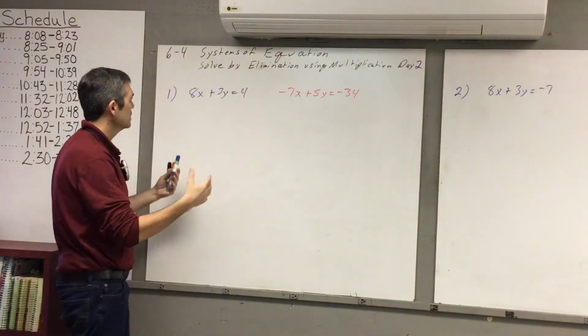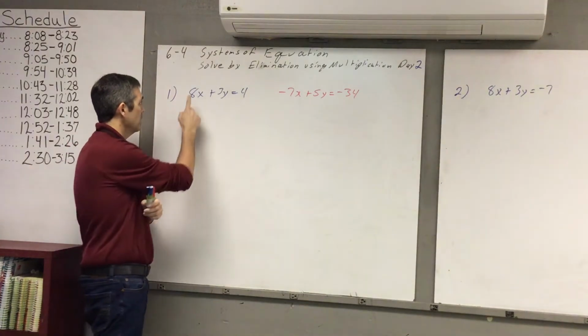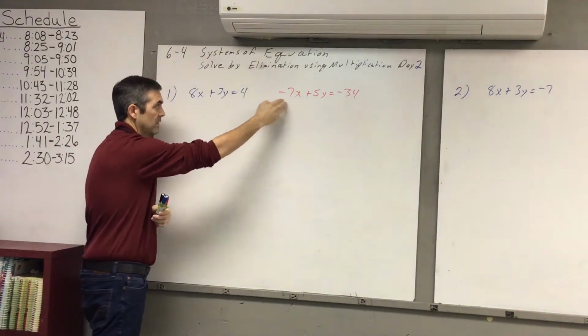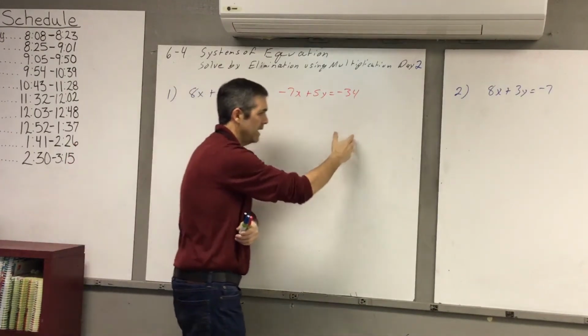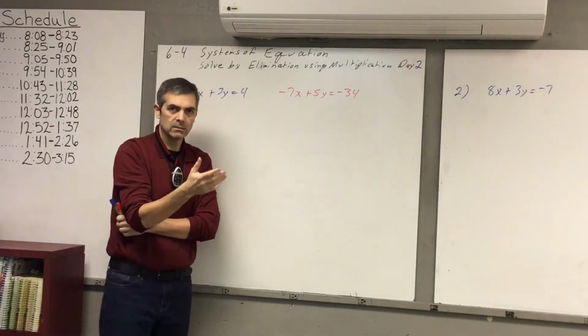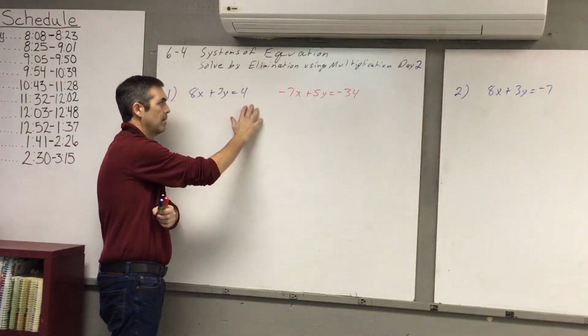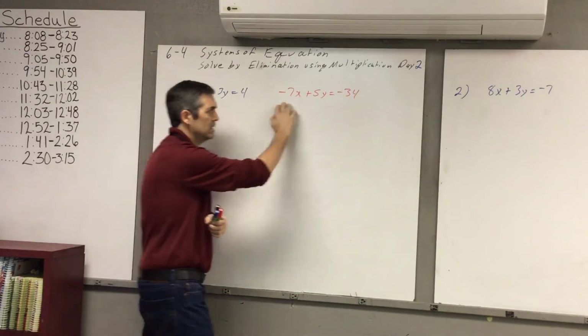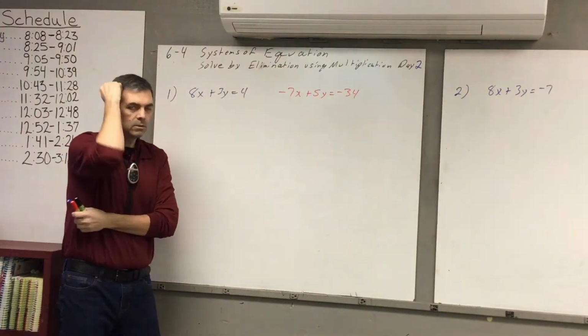If I multiply this one by negative 7, or by 7, and this one by 8, I could get rid of my x's. Or, if I multiply this one by 5, and this one by 3, I could get rid of my y's.